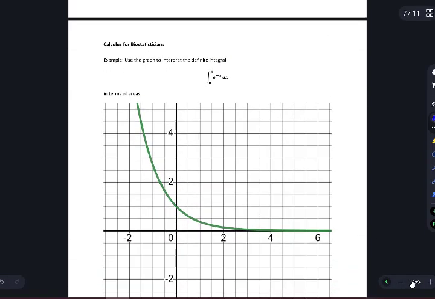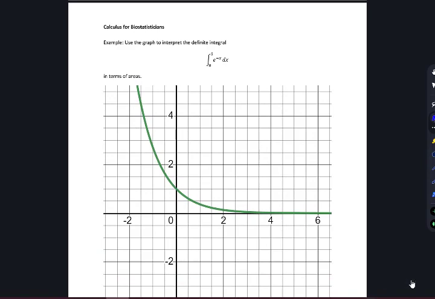So we're going to look at two examples here where we're just going to use the graph to give an interpretation of what the definite integral looks like. Here we're not actually calculating anything. This will be just looking at what that area under the curve would look like. This is going to be very similar to your textbook problems from number 30 to number 36.